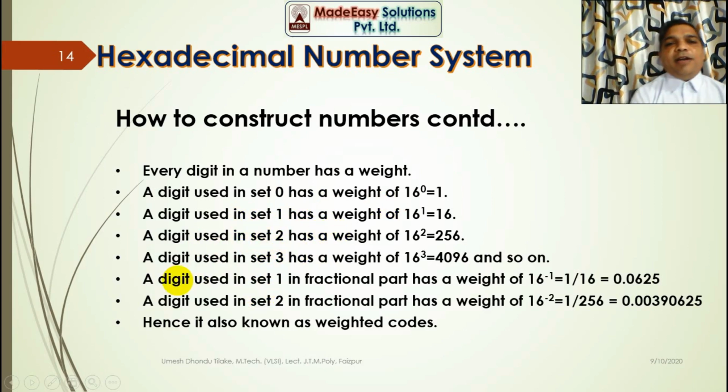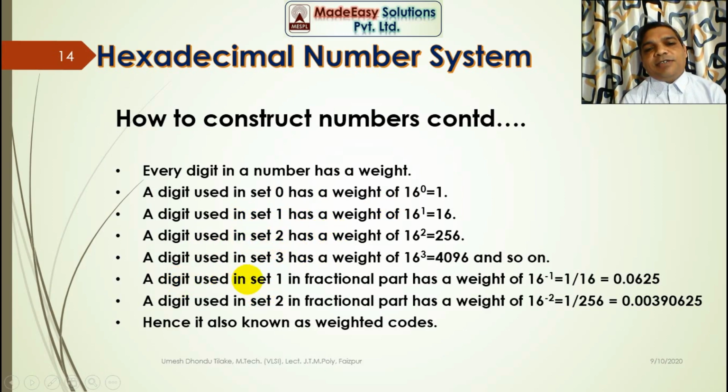Now let's find out the weight for digits used in fractional part. So digit used in set 1 of a fractional part has a weight of 16 power minus 1, that is 1 by 16 is equal to 0.0625. If you have a calculator, you can find it. Digit used in set 2 in fractional part has a weight of 16 power minus 2, that is 1 by 256.